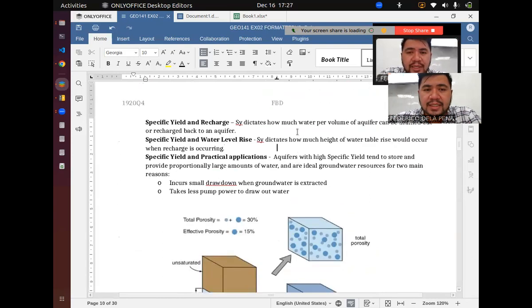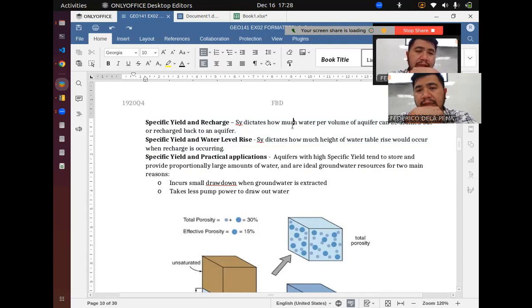Another importance of your specific yield is in terms of recharge. Specific yield will dictate how much water per volume of aquifer can be drained out or recharged back to an aquifer. So if you have a high specific yield, what does it imply?